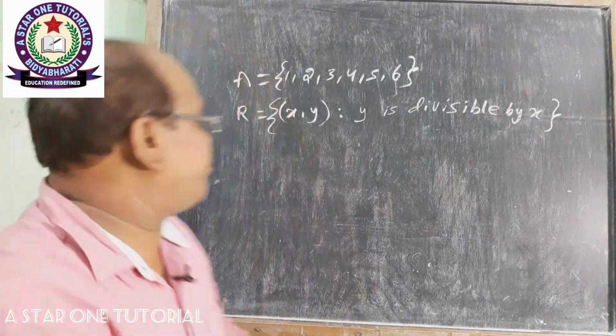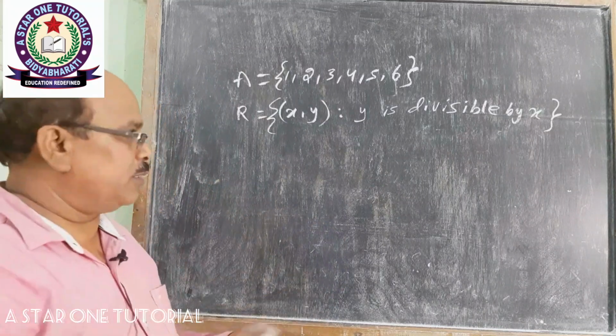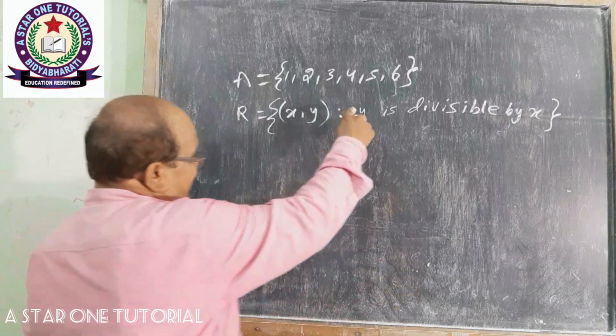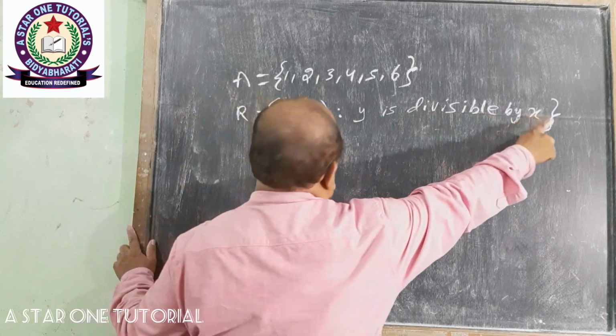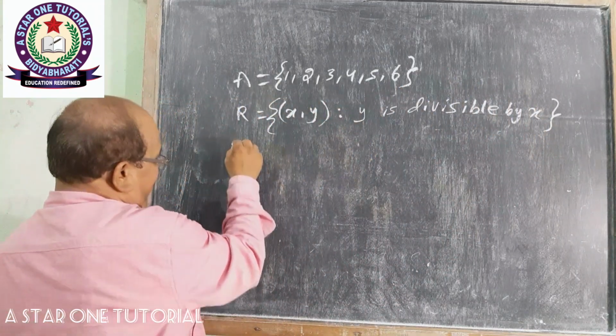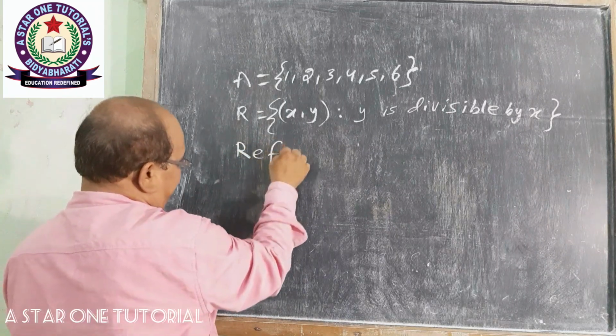Now we have to verify whether this relation is reflexive, symmetric or transitive. We are given that the second element y is divisible by the first element x. So let us test for reflexivity.